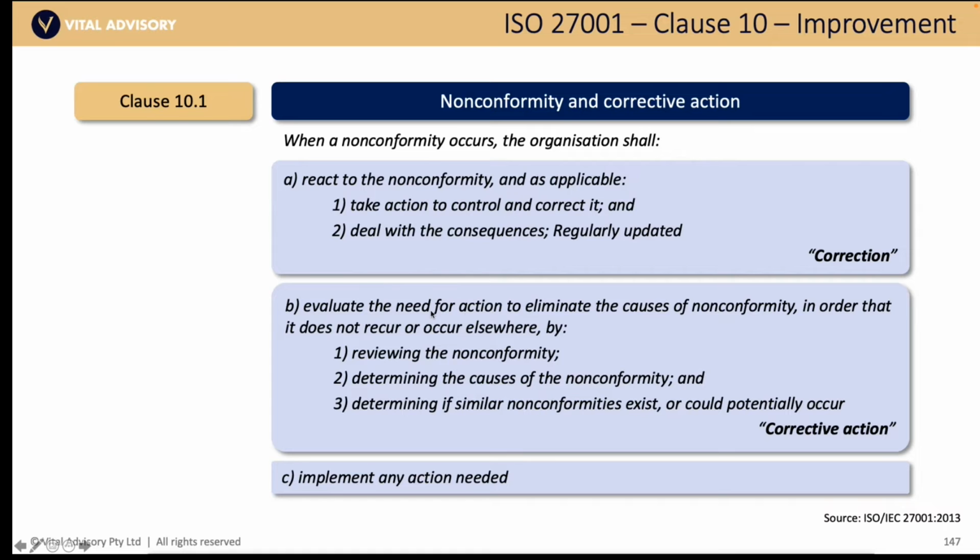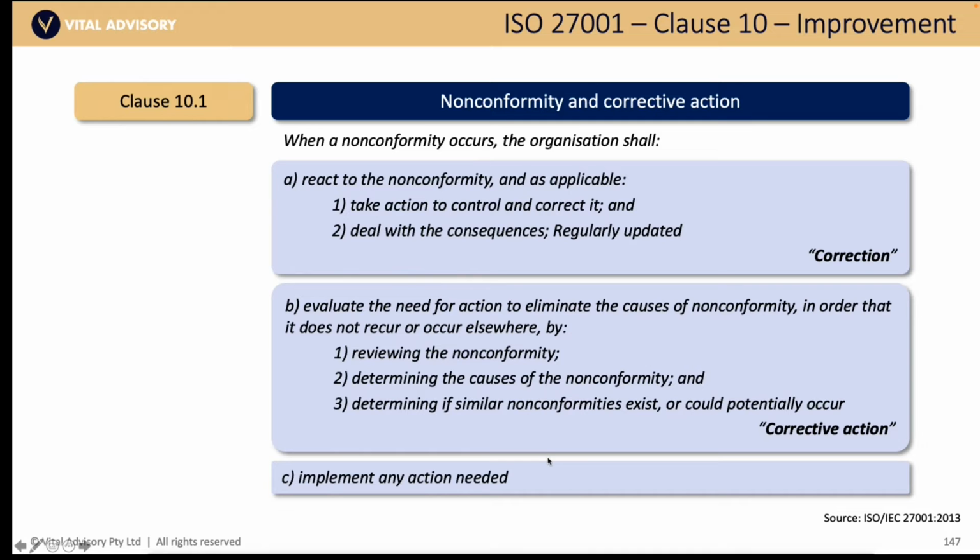So you need to evaluate the need for action to eliminate the cause of the nonconformity. In other words, root cause analysis to ensure that it does not, and here are some keywords, occur again, or occur somewhere else. By reviewing it, determine the root cause, and whether similar nonconformities exist or could occur, and then implement that action.